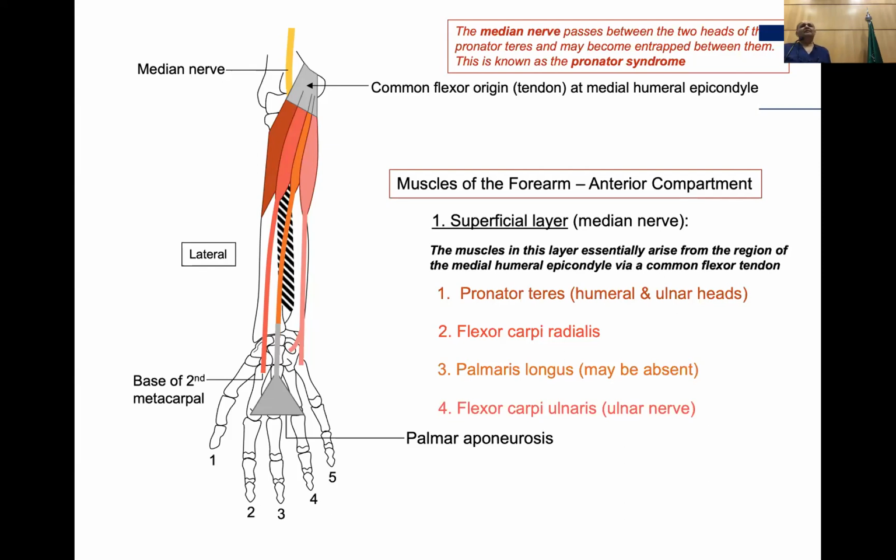Who's their nerve supply? Median nerve. What are they doing? They are bringing some kind of flexion. Where? They are crossing a joint at my wrist joint. So they are flexors. Are we good? Easy. You need not memorize in a big way.